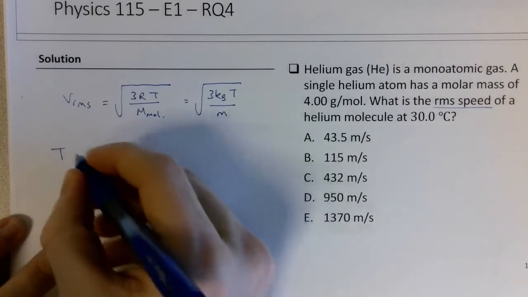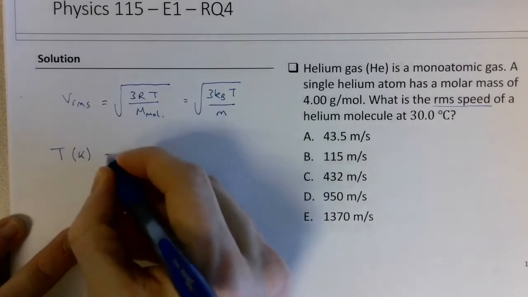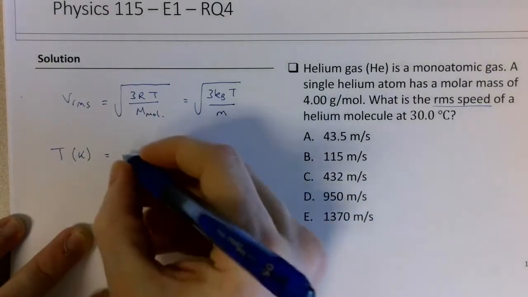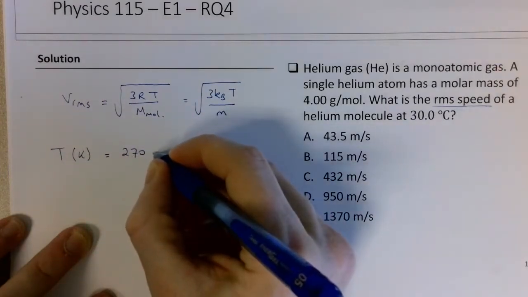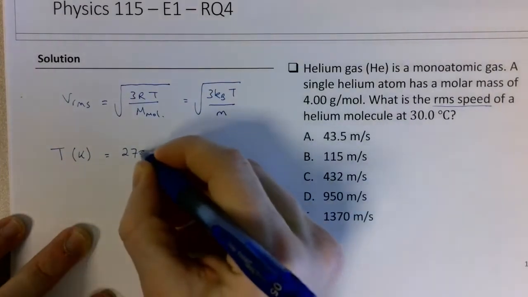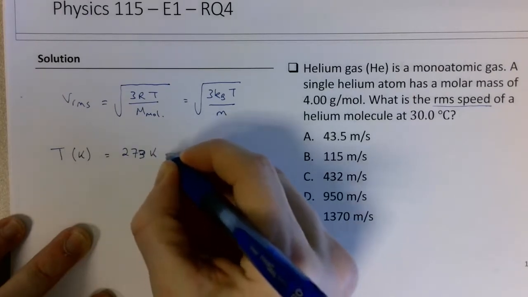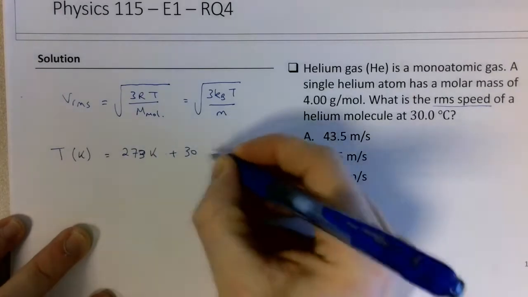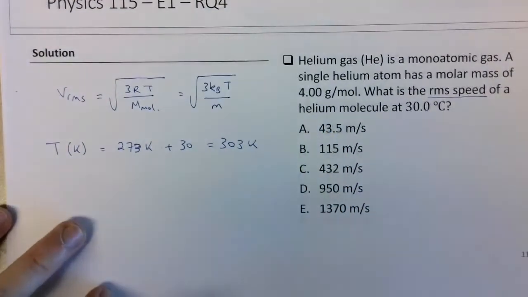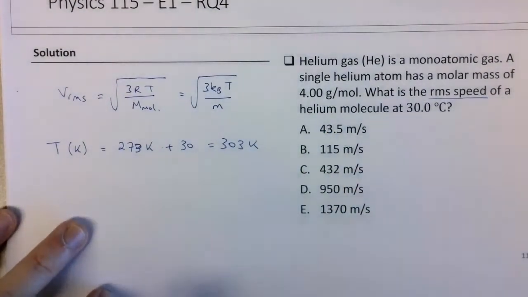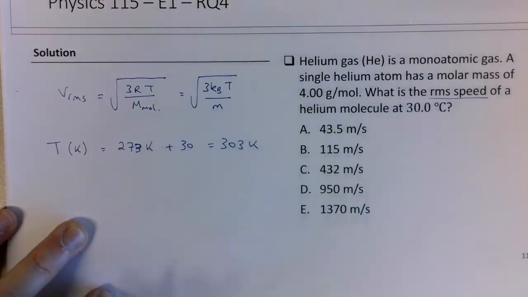You want the temperature in Kelvin. So that's going to be 273 Kelvin plus 30, giving us 303 Kelvin. So they're making sure you're converting your temperature to the correct SI temperature.